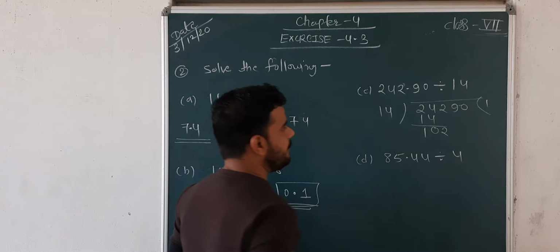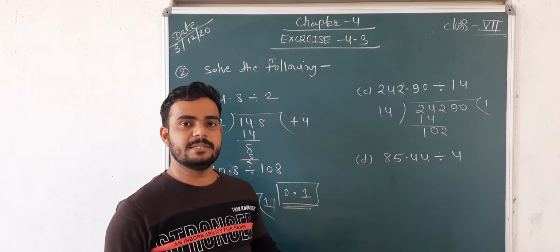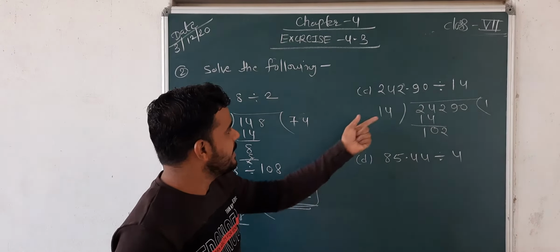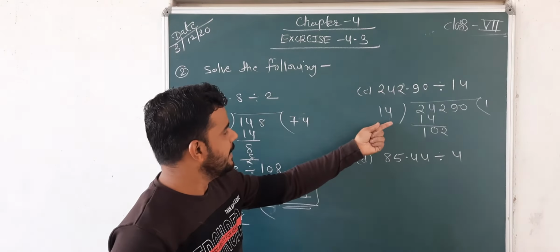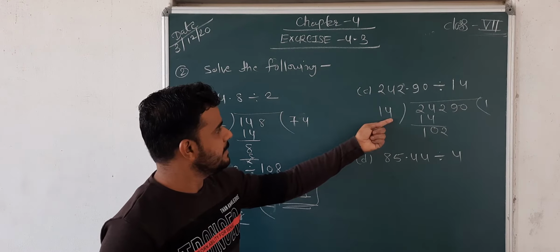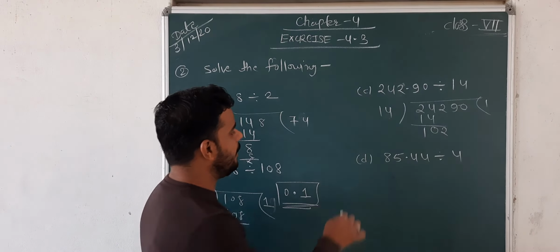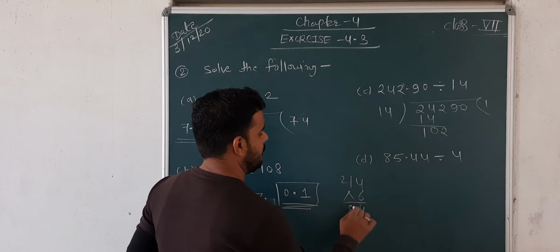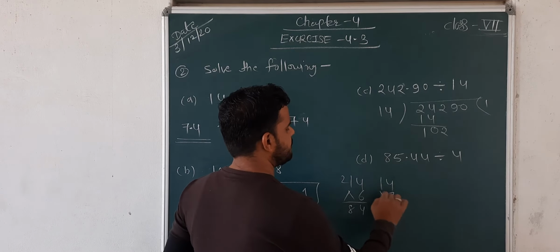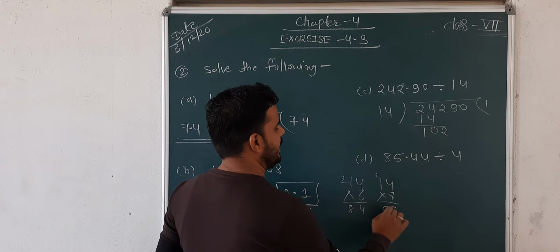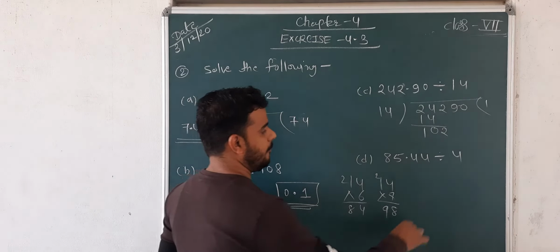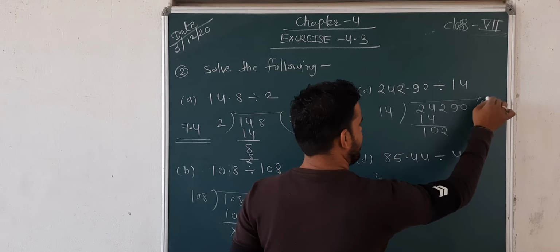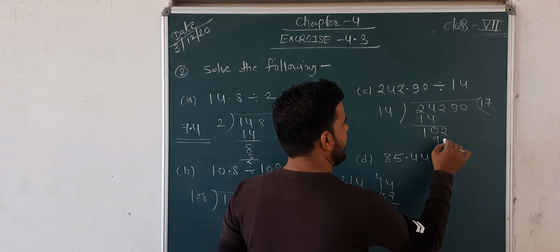Afterwards 2. 14 ones are 14, 14 twos are 28, 14 threes are 42, 14 fours are 56, 14 fives are 70, 14 sixes are 84, 14 sevens are 98. Then 14 eights would be more, so 7 times, and the number is 98.